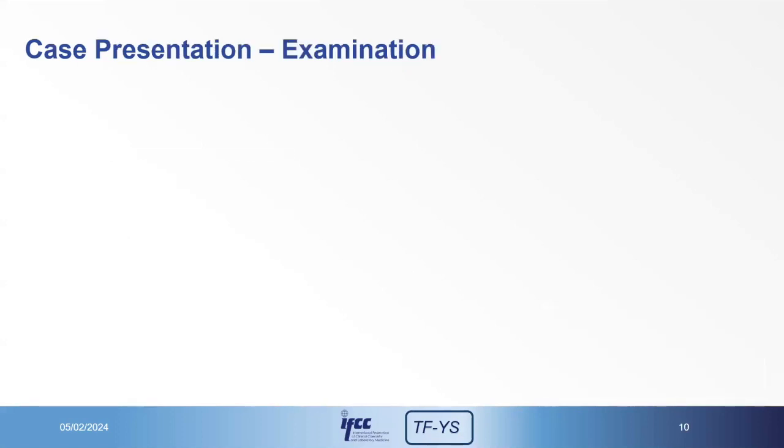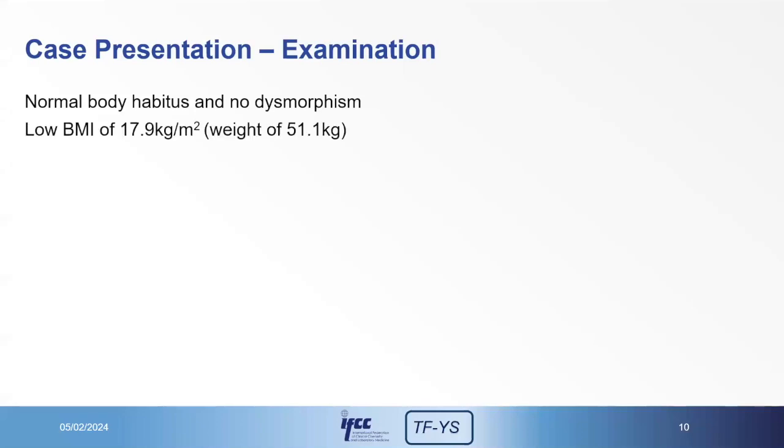In terms of the clinical examination for our patient, it was noted that he had a normal body habitus and no clinical dysmorphism. He did have a low BMI of 17.9 kilogram per meter squared, which is considered underweight, where the normal range is between 18.5 and 24.9 kilogram per meter squared, with a weight of 51.1 kilograms.